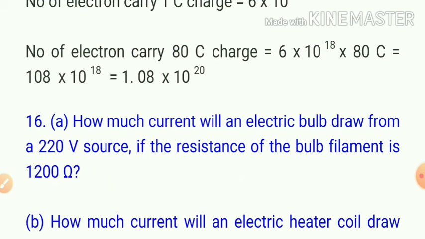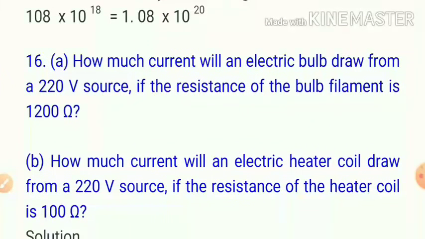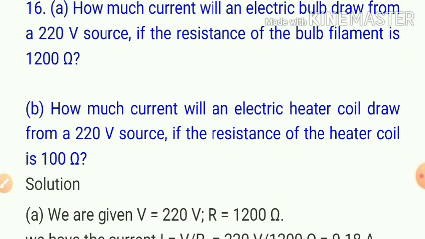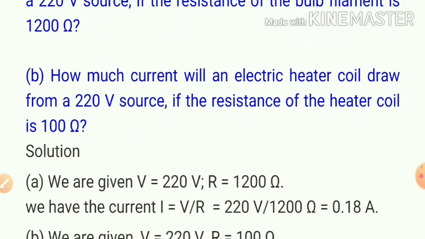Now the next example: how much current will an electric bulb draw from a 220 volt source if the resistance of the bulb filament is 1200 ohm? And in the B sub-question: how much current will an electric heater coil draw from a 220 volt source if the resistance of the heater coil is 100 ohm?